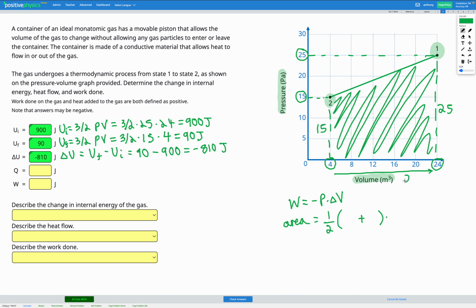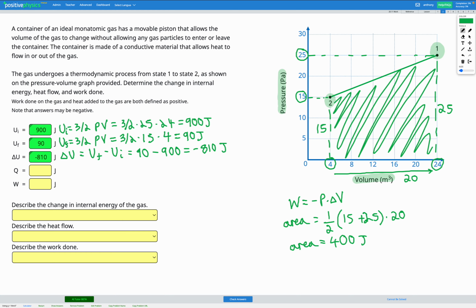So in other words, that's 20. So we've got half times 15 plus 25 multiplied by 20. Putting that all into our calculator gets an area of 400 joules.